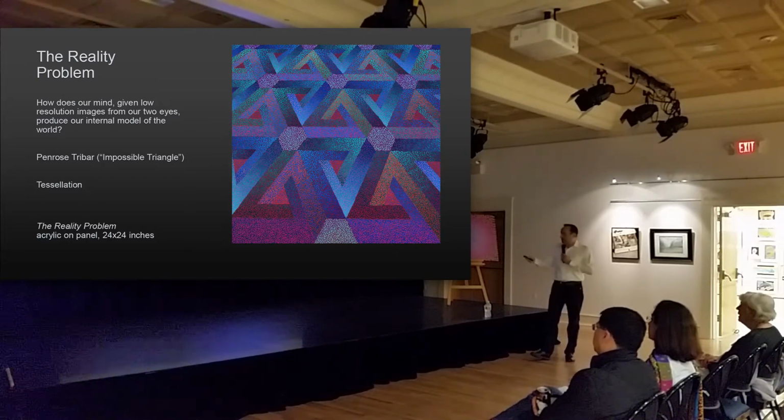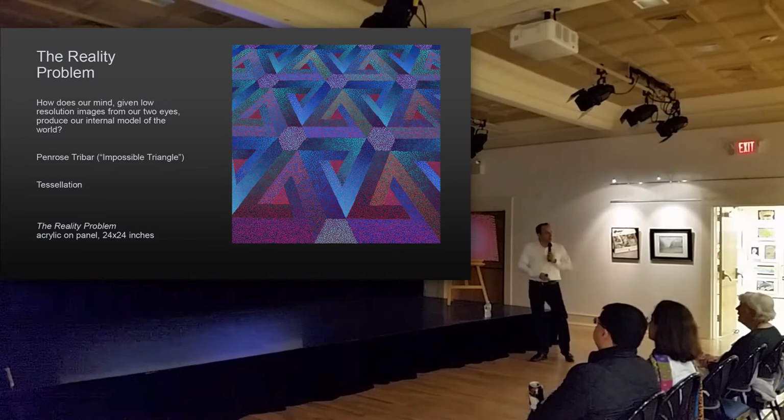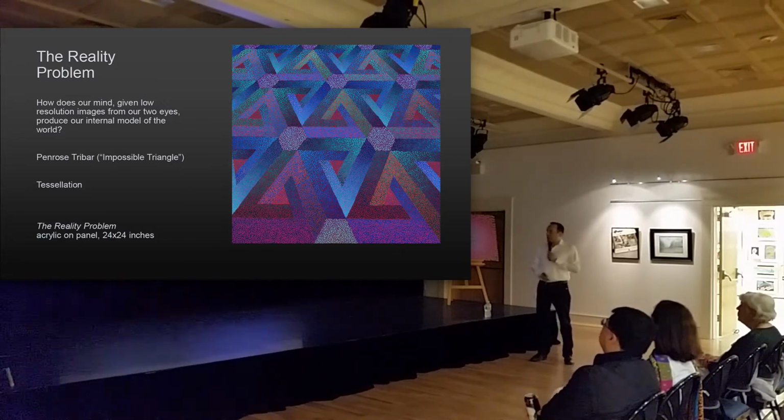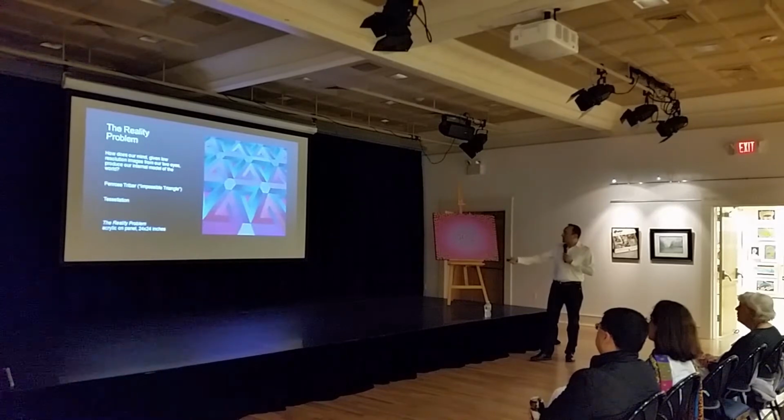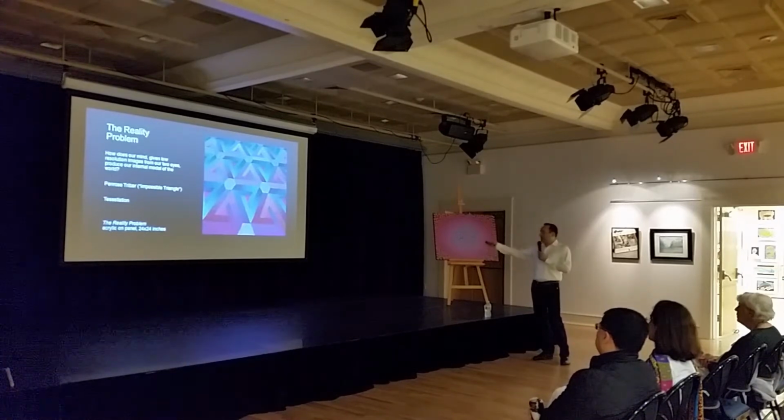In this painting, called The Reality Problem, I used what's called the impossible triangle, also Penrose tribar, after physicist Roger Penrose, where I took this kind of impossible triangle that you've probably seen before and turned it into a tessellation, which is a repeating pattern that fills the entire plane.